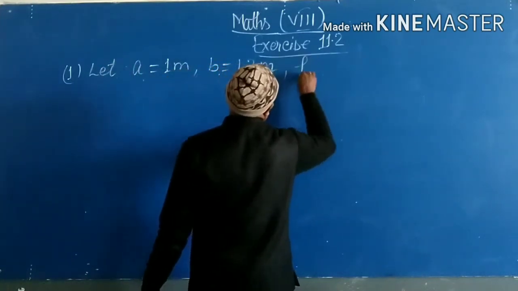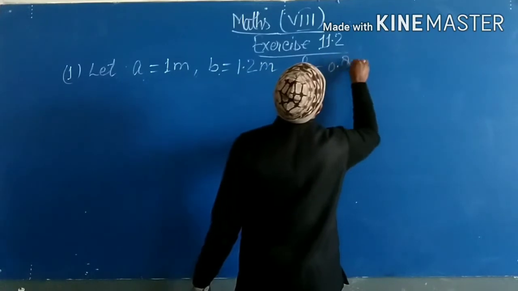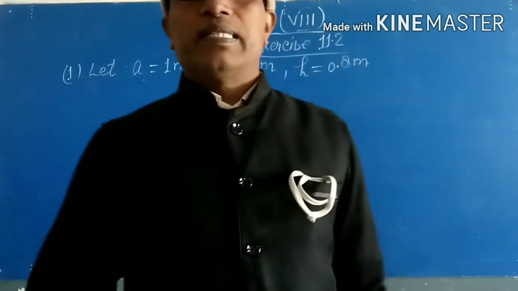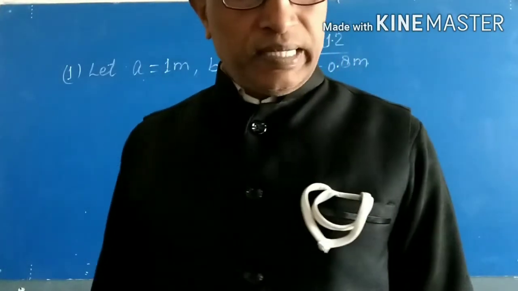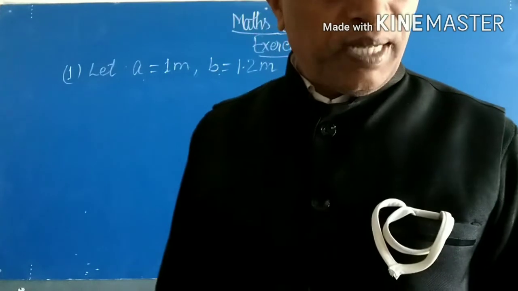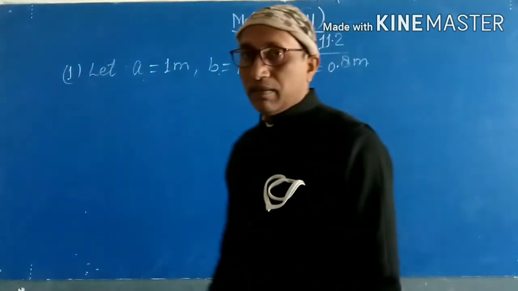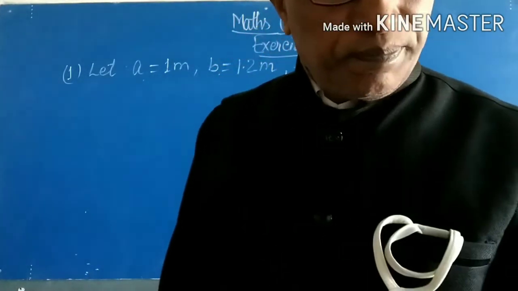Perpendicular distance, that is H, is equal to 0.8 meter. These are given in this question. Find out the area of tabletop.